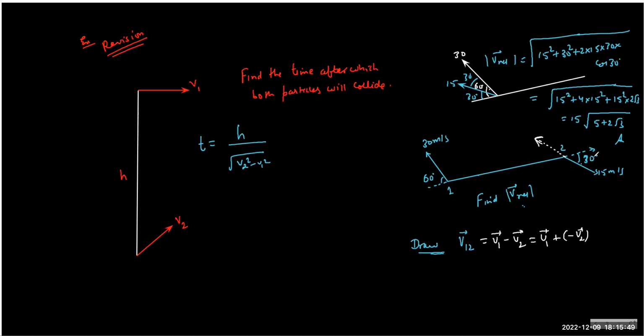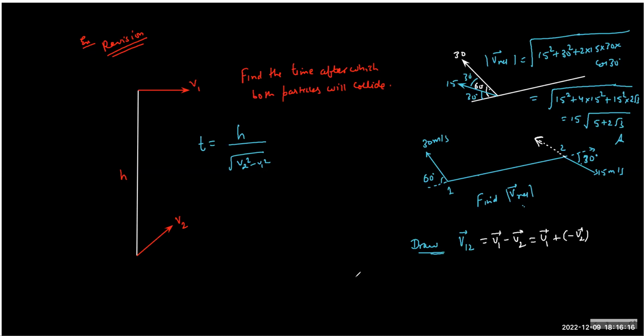So are you guys able to draw the diagram first? Tell me, yes or no? Yes, sir. So how many of you are able to draw this? Raise your hand. Okay. Manav, you can't draw the diagram?